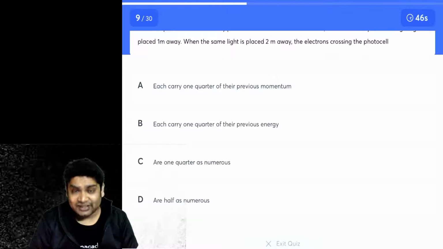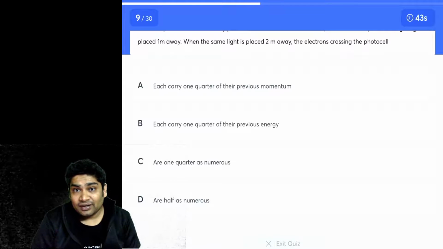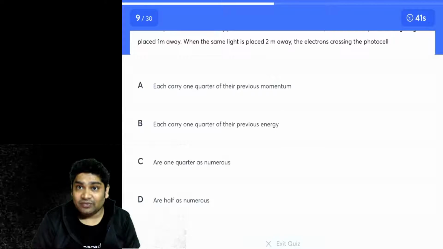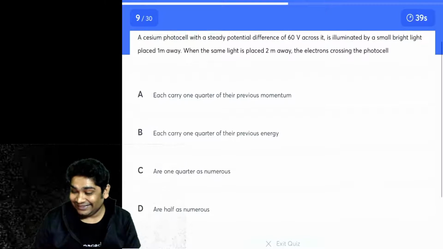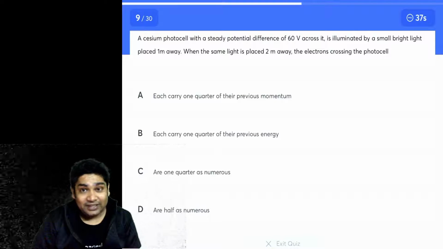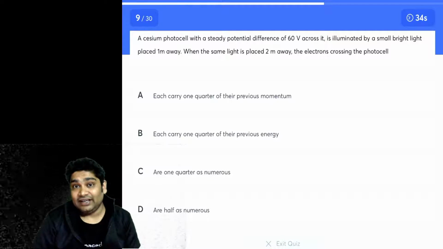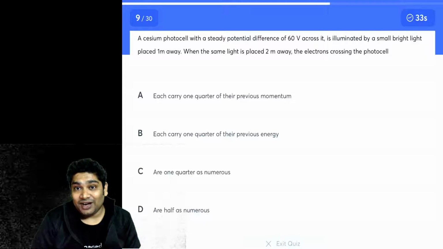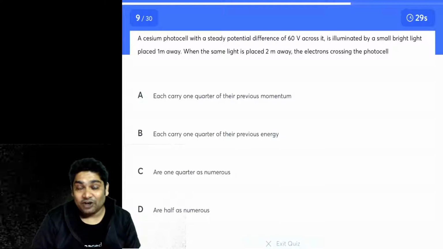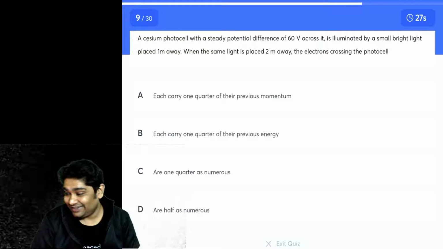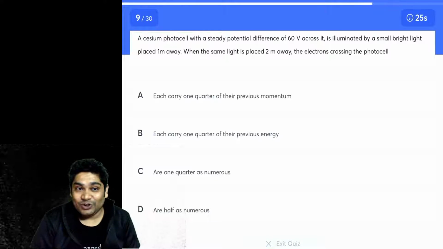Again, this should be easy. You should remember the relation between the distance and intensity. That's your hint. Remember the effect of intensity on the energy of electrons or the number of electrons.